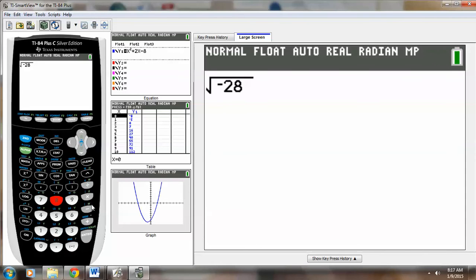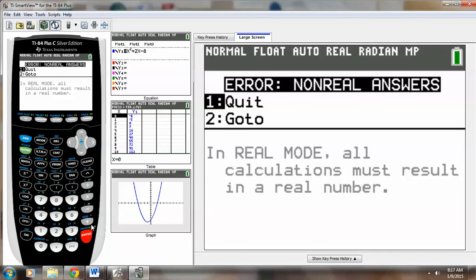Make sure you put the negative underneath the square root. Did you get something like I got, an error message? My error message is that it's a non-real answer. Well, if something's non-real, not real, it is imaginary. We have an imaginary number here that we're going to need to simplify. So if you're ever unsure if you're dealing with an imaginary number, type it in your calculator, and it'll tell you.